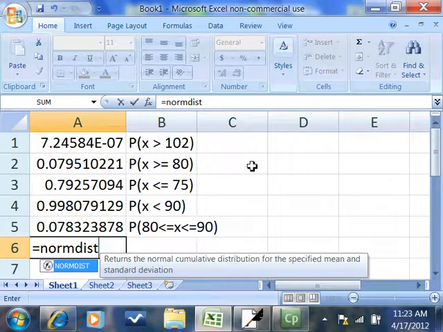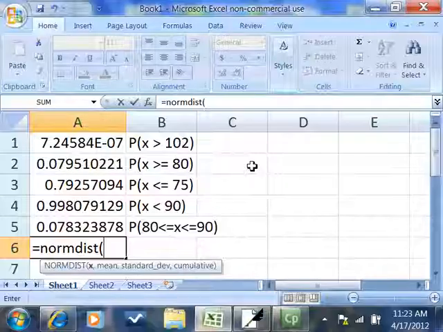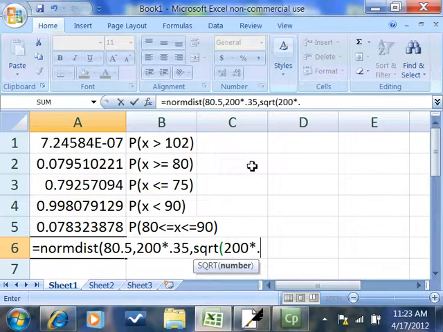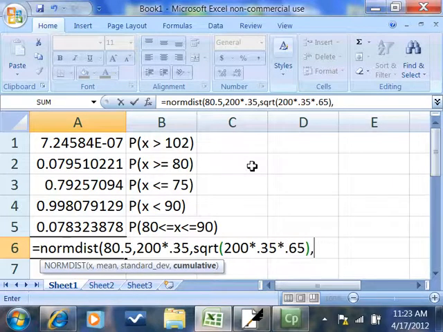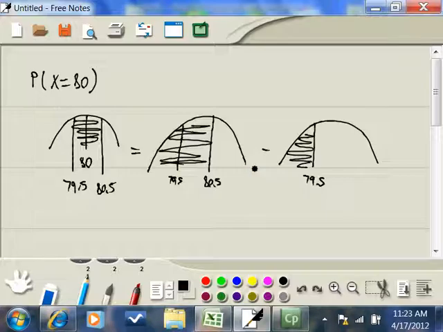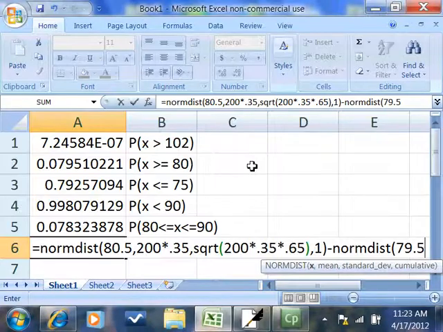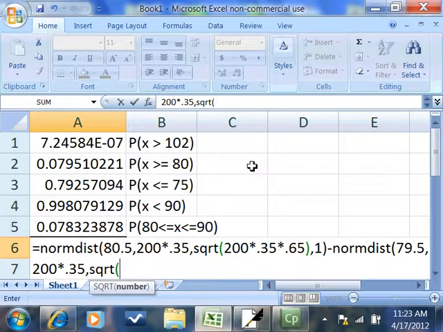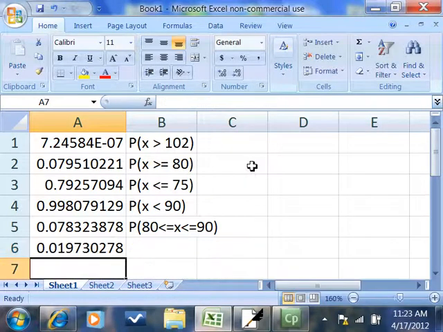Equals norm dist 80.5, n times p, square root of n times p times 1 minus p, minus norm dist 79.5, 200 times 0.35, square root of 200 times 0.35 times 0.65, 1, like that.